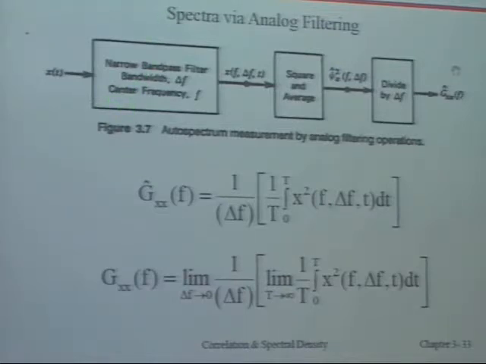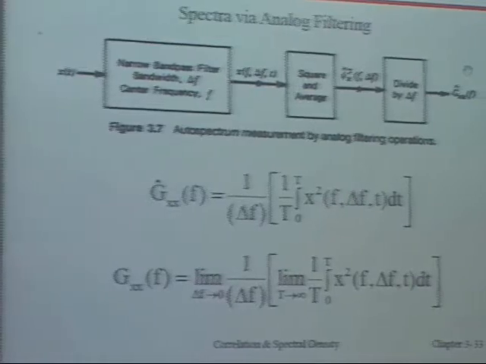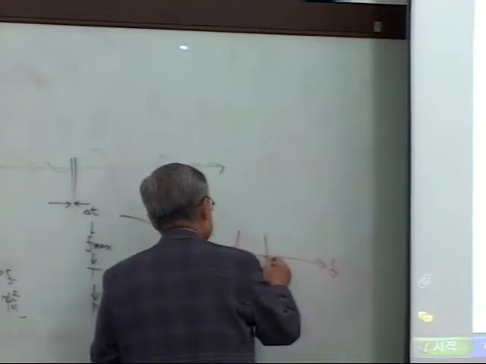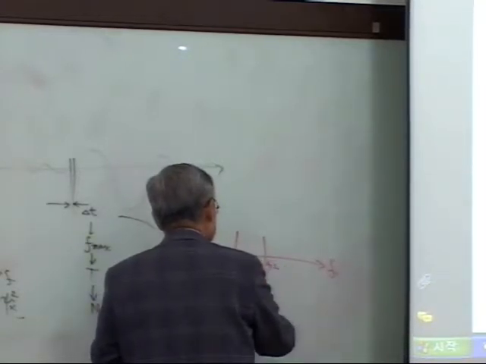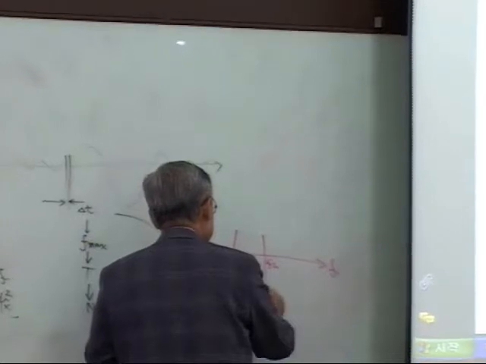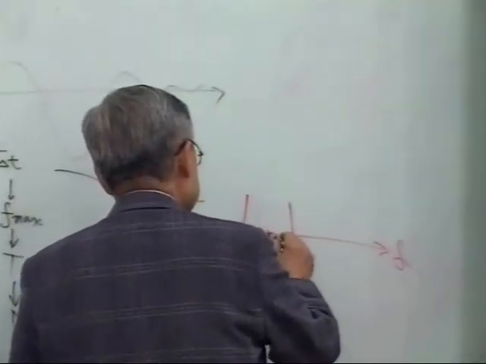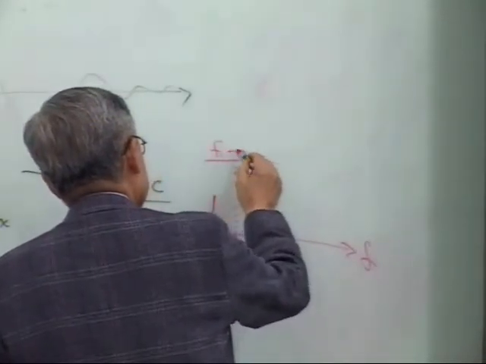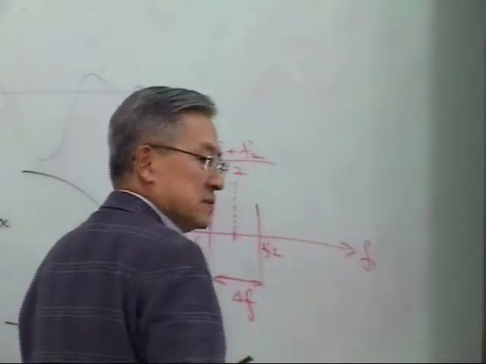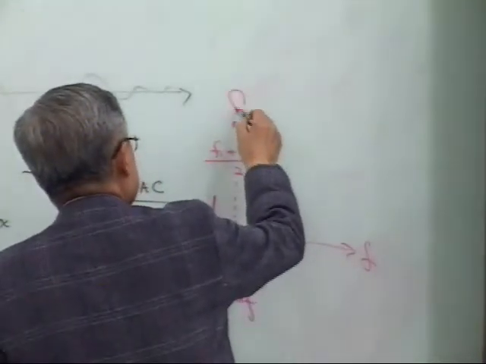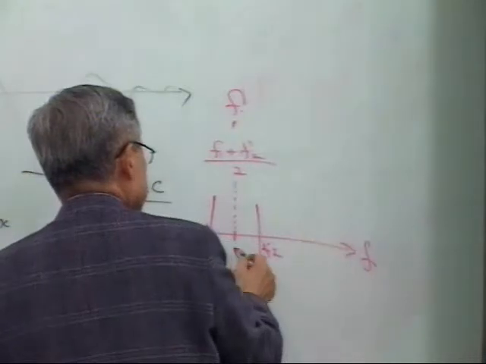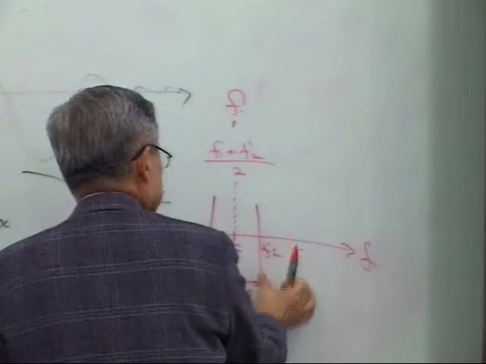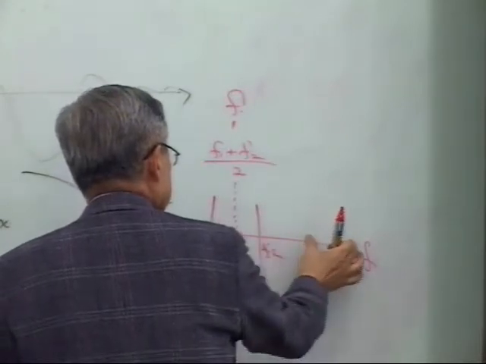Of course, you can define this as delta F, this is F1, F2, and this is half of F1 plus F2. So I'm going to set this guy as F simply. Delta F is usually constant.